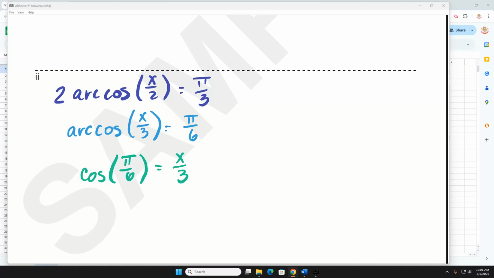So it is the cosine of pi over 6. What happened to what? X over 2? Oh. Thank you. Those all should be x over 2s, not x over 3s.